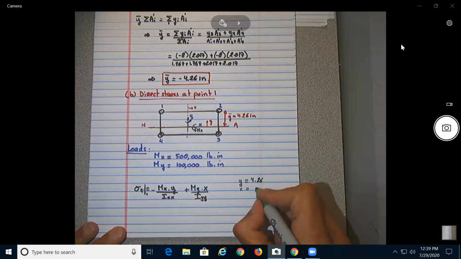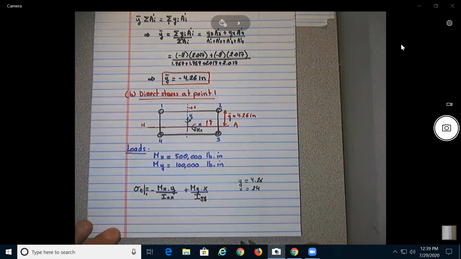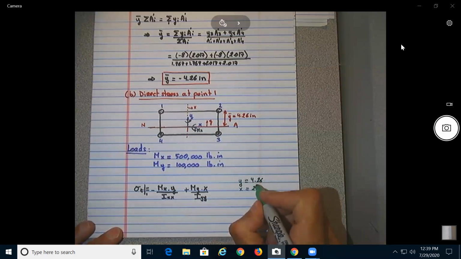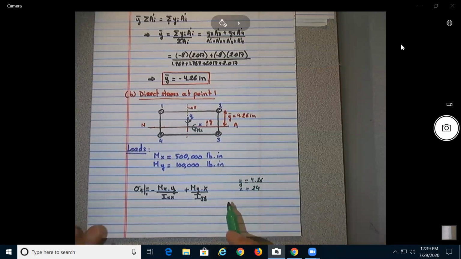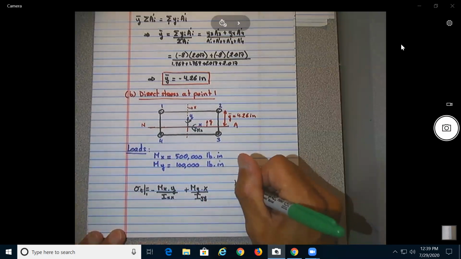So it should be here 24, or actually minus 24. So we'll have minus 24. Oh, okay, I think when I put 24, I already took that into consideration. So just put the magnitude, 24. Okay, so we need to find Ixx and Iyy.